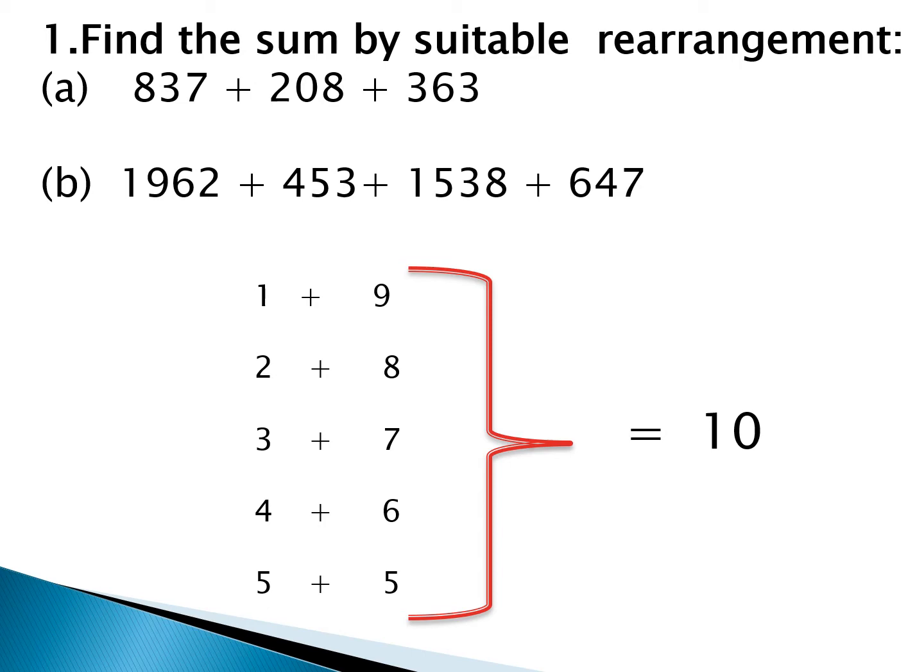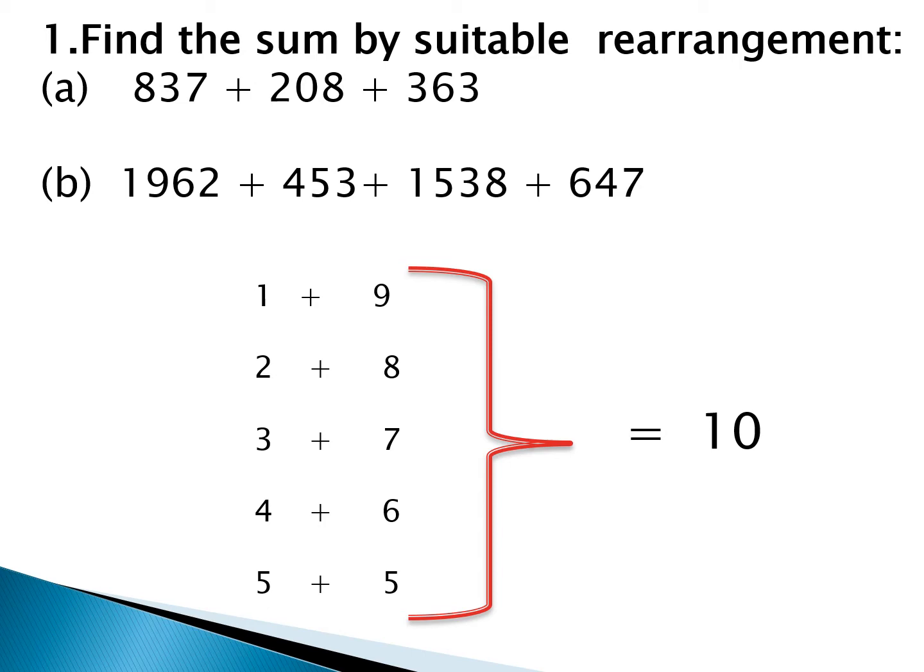Similarly, if the digit is 3, then it should be 7 in another number. If the digit is 4, then it should be 6. If the digit is 5, then it should be 5 in another number, so that when you add these terms, it will give you 0 at ones place. I hope this concept is clear.